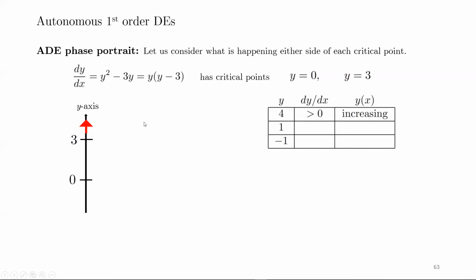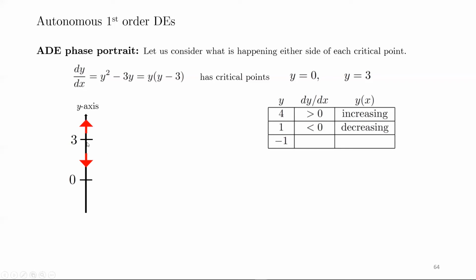Okay, we could do the same for the point 1. When y equals 1, we have 1 minus 3 is negative 2, times 1 is still negative 2. So dy by dx when y equals 1 is negative, it's less than 0, so y is decreasing. So if the value of y is greater than 3, then y is increasing.